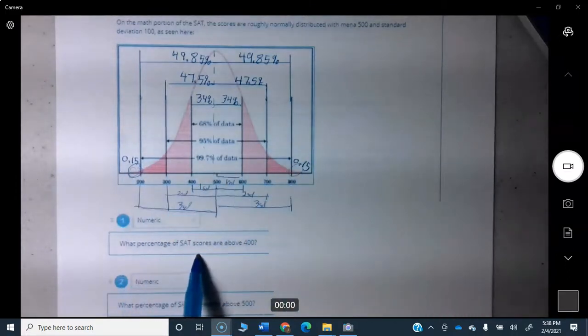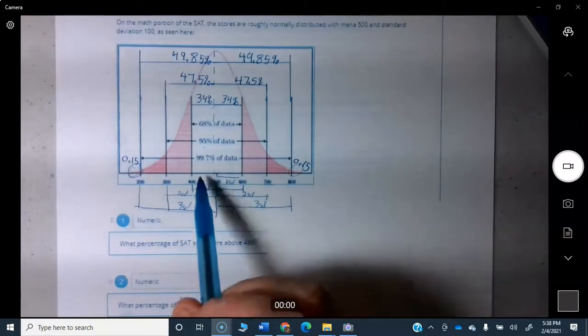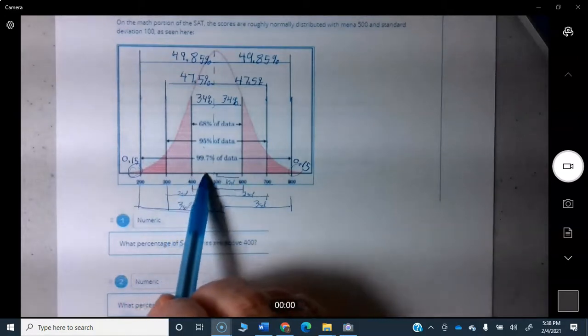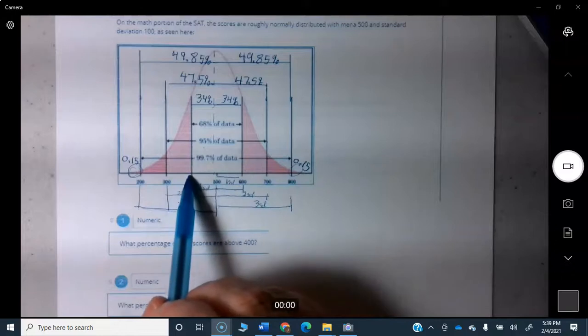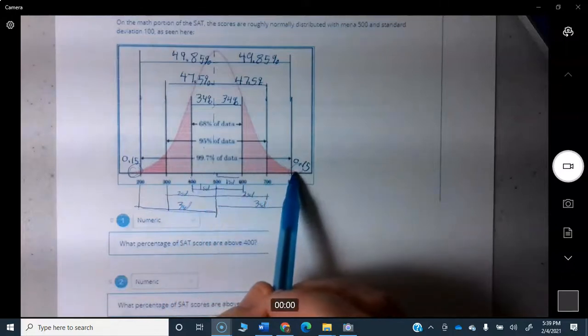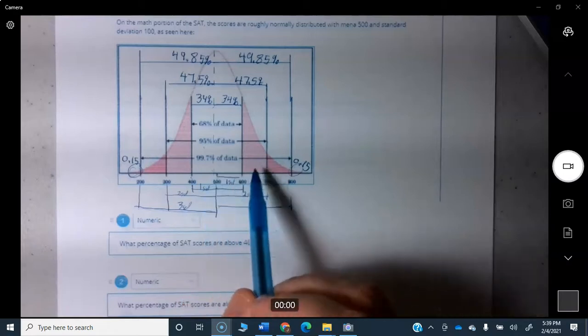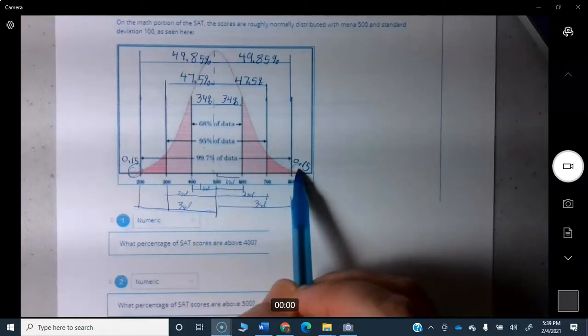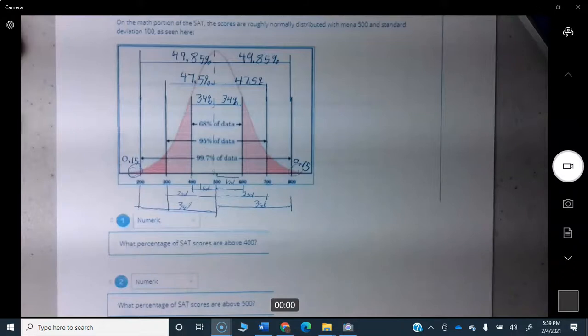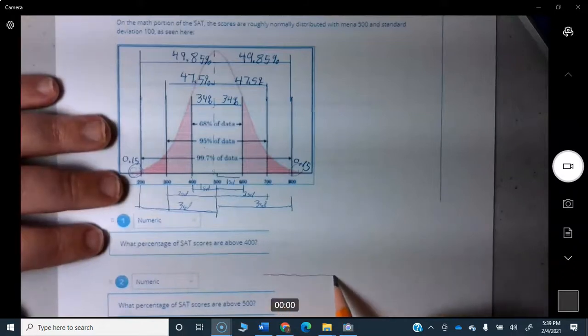Okay, so what percentage of SAT scores are above 400? So here's 400, and you want everything to the right of that. Well, first of all, from the mean all the way to the right side of the curve is 50%. Okay, so I'm going to just sketch this real quickly here.